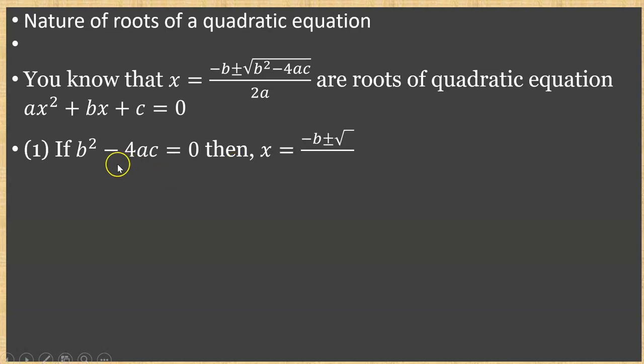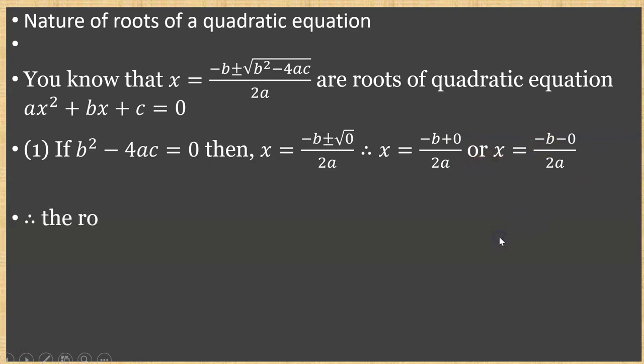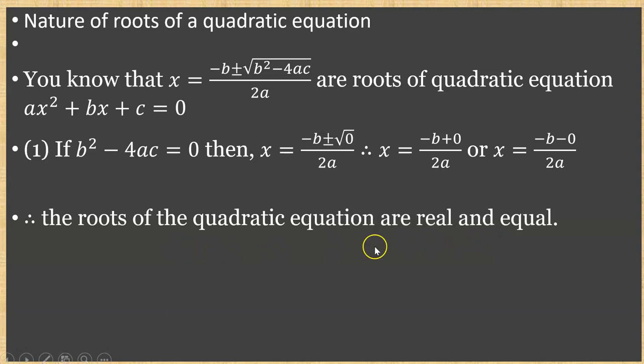If b square minus 4ac is equals to 0, then x is equals to minus b plus or minus root of 0 upon 2a. Therefore, x is equals to minus b plus 0 upon 2a, or x is equals to minus b minus 0 upon 2a. Therefore, the roots of quadratic equation are real and equal.